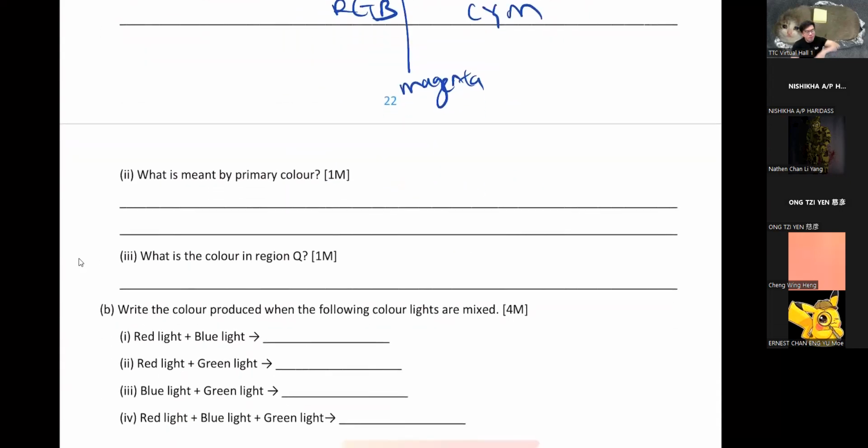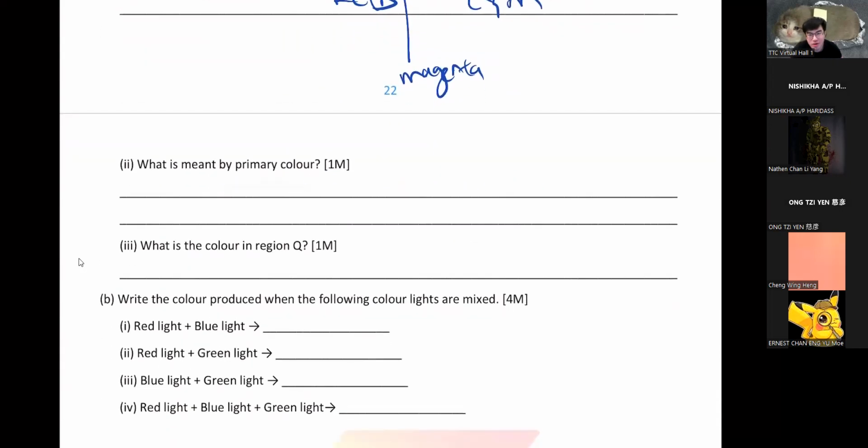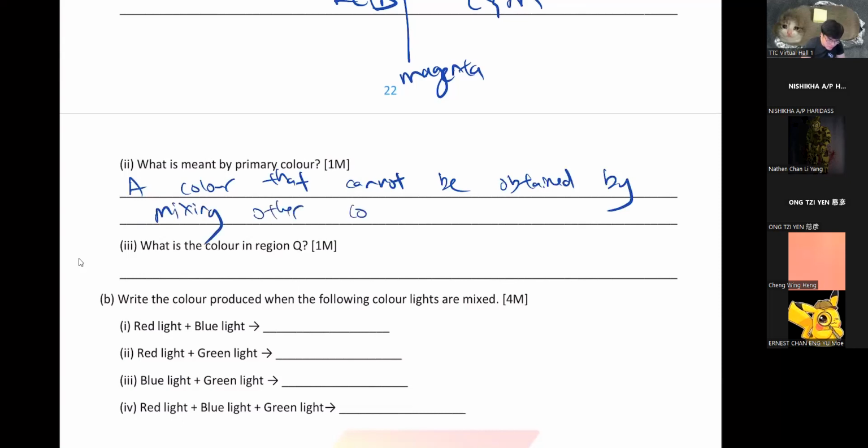Magenta. So what is meant by primary color? What is a primary color? Can anyone define this? A primary color is a color that cannot be made from secondary. A color that cannot be obtained by mixing other colors.